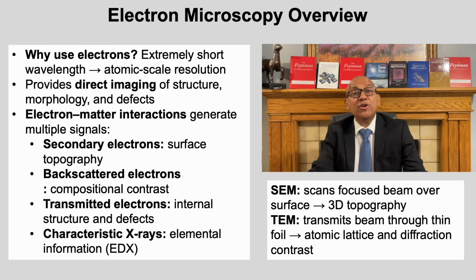In scanning electron microscopy, SEM, the beam is raster scanned across the surface and emitted electrons are collected to form an image of the sample's topography. In a transmission electron microscope, TEM, electrons pass through an ultra-thin foil, typically less than 100 nanometers thick, and the transmitted and diffracted beams form an interference pattern, revealing atomic arrangement, lattice fringes, and defects.